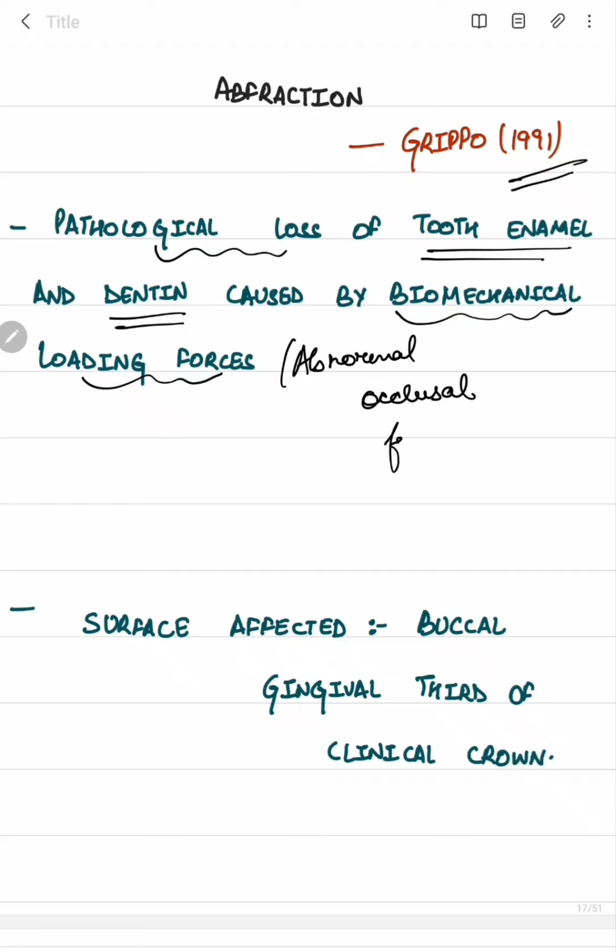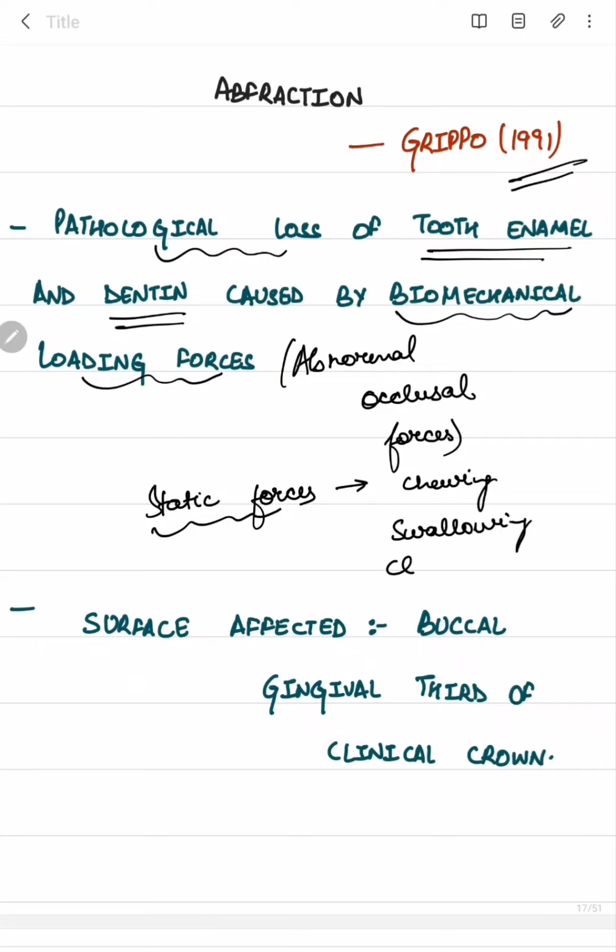Or the static forces that are generated while chewing, swallowing, clenching of teeth, right? So these are the reasons for abfraction or loss of tooth structure, or basically tooth enamel and dentine, right? Due to these forces.